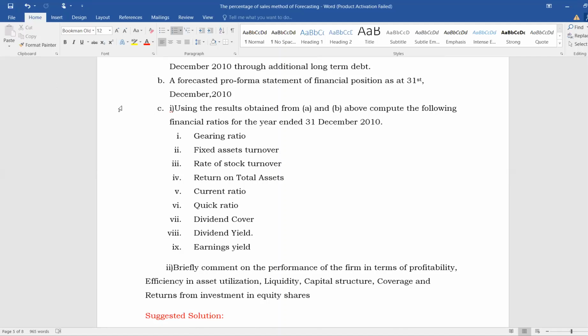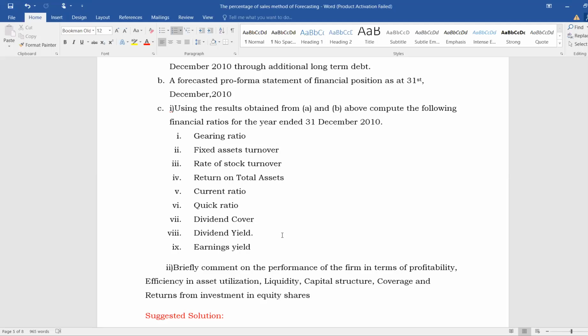Who can remember? Who can remember the formula for finding gearing? Fixed assets turnover. Formula? Rate of stock turnover. Return on total assets, current ratio, quick ratio, dividend cover, dividend yield, earnings yield.